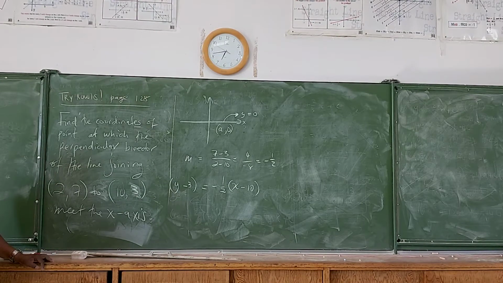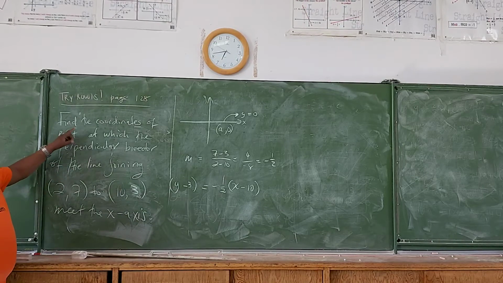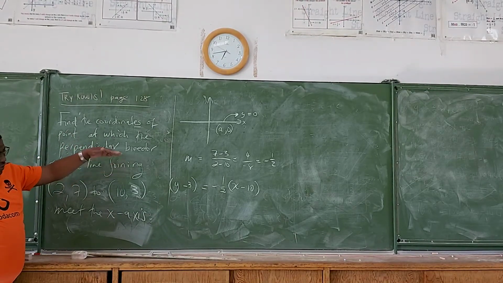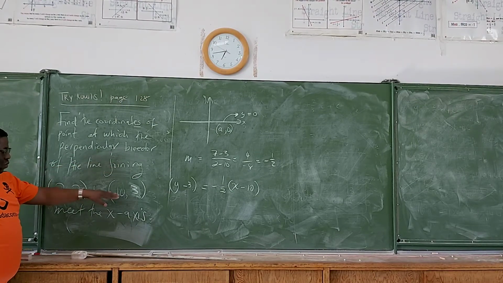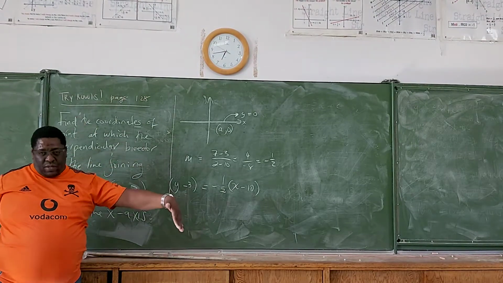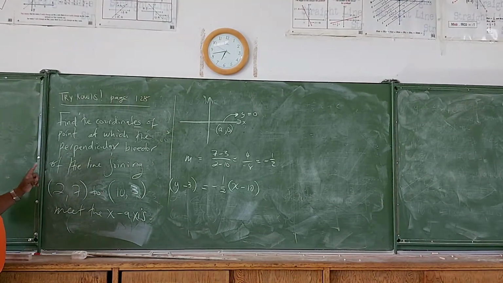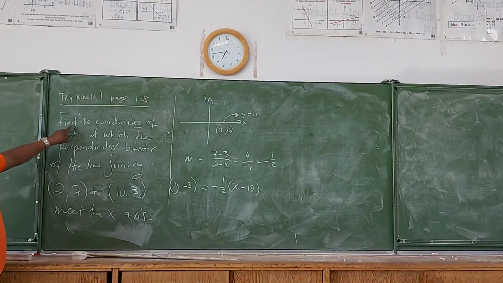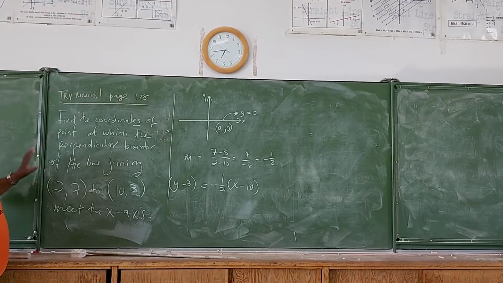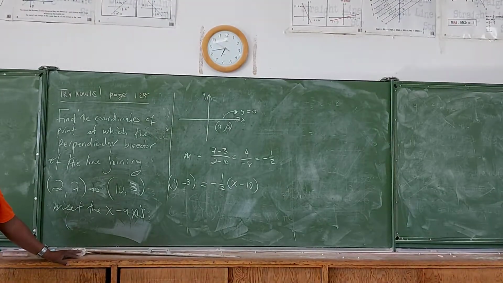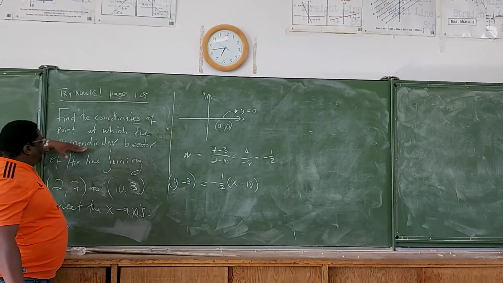The equation of the perpendicular bisector. So whatever that line is, when you draw it, you realize it's the line that goes this way. Why is this part in here, the perpendicular bisector?